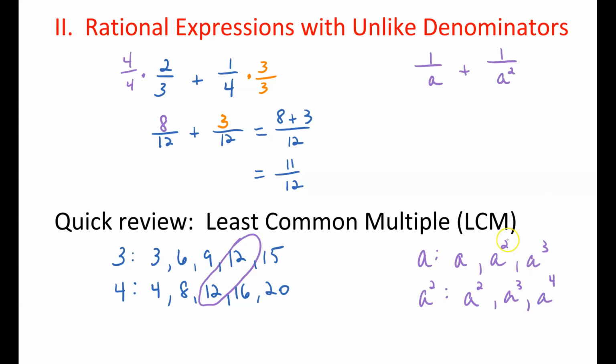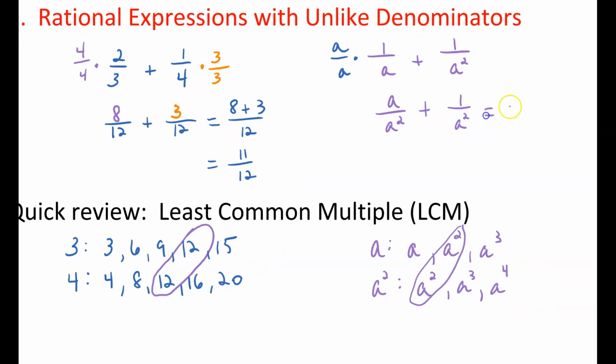But the least common multiple is a squared. Our second one already has a squared, so we don't have to do anything with it, but the first one we have to multiply by a. If we multiply the denominator, we also have to multiply the numerator, and in the end we end up with 1 times a, which is a over a squared. Now we can add across: a plus 1 over a squared.